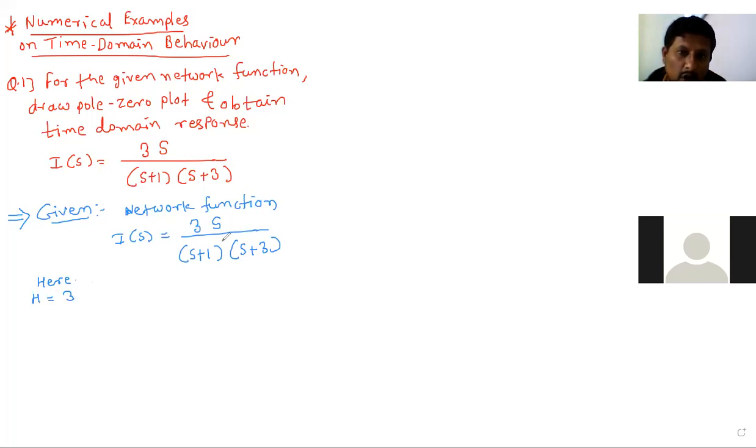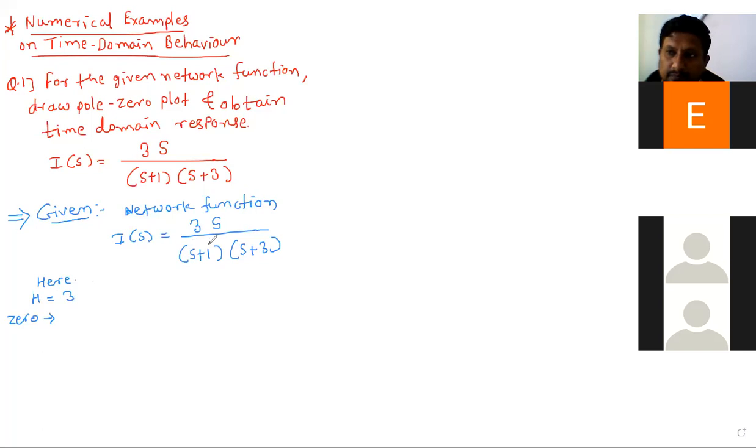Next, how many zeros are there? First, 1. Okay, s raised to 1. So at what value?